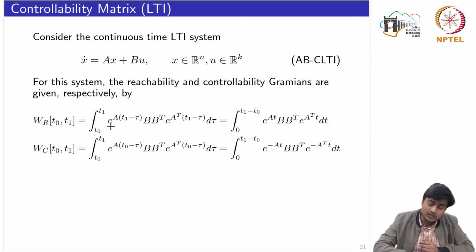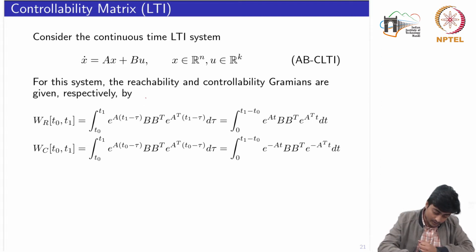We just replace the state transition matrix phi with the exponential matrix with a single argument, t minus tau. So if you recall, we would have phi(t1, tau) as the state transition matrix.